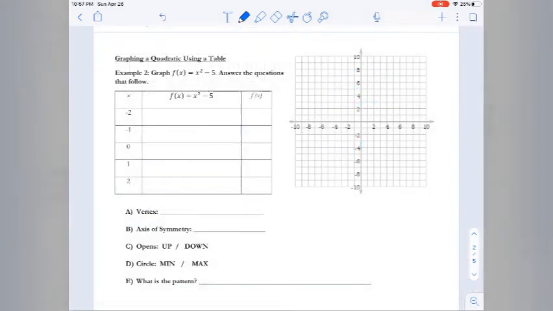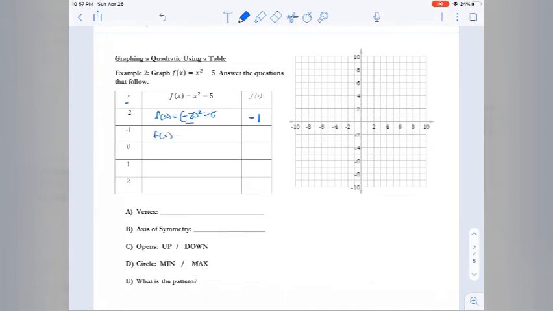So now let's take a look at a table. If we filled it in, if it's telling us our x is -2, we're going to substitute in -2 squared minus 5. -2 squared is 4. 4 minus 5 is then -1.